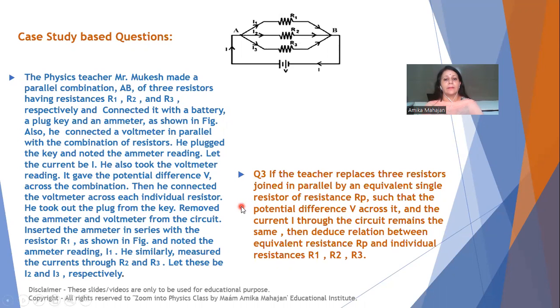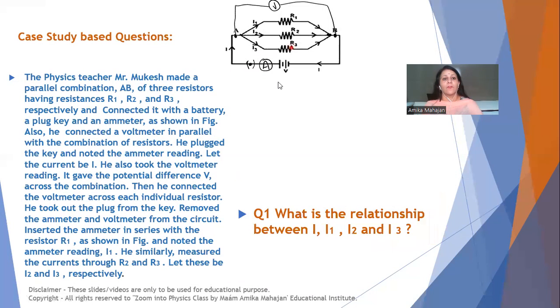Now let's read the statement. The physics teacher, Mr. Mukesh, made a parallel combination of three resistors R1, R2, R3 and connected it with a battery, a plug key and an ammeter. Also, he connected a voltmeter in parallel with the combination of resistors. Just check this figure.